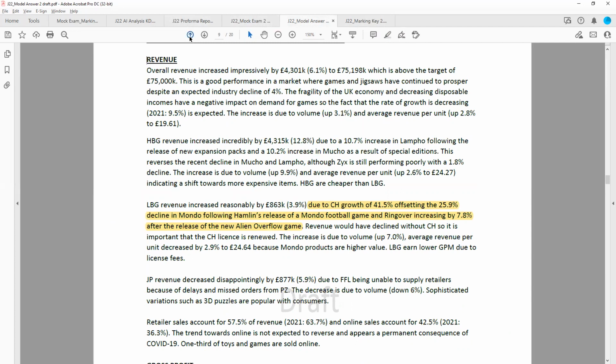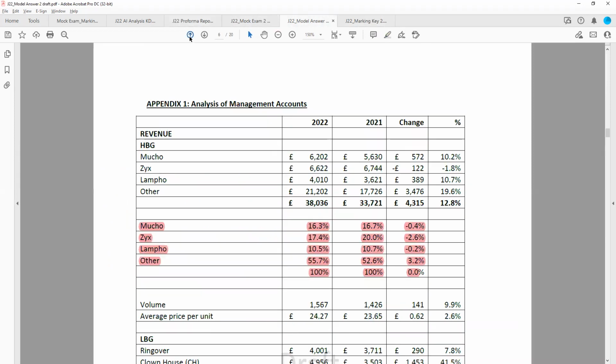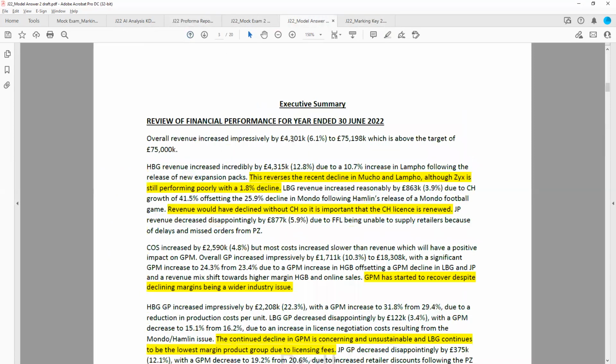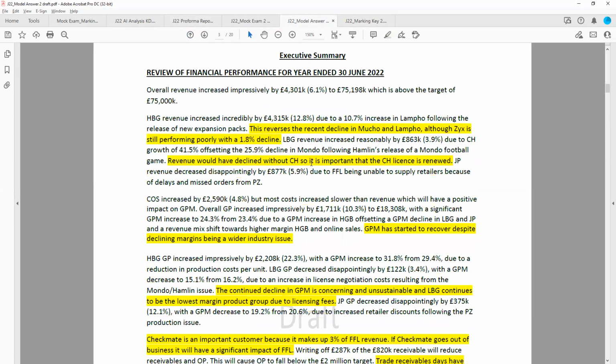So think firstly about which areas are the most important, like what's gone on in the year. I'm looking at this and thinking, well, there's been a dramatic increase in HBG. Are the directors going to be interested in this? Well, yes, absolutely. So I thought I'll add in an additional point where I've said this reverses the recent decline, because presumably the directors were concerned about this major product group.